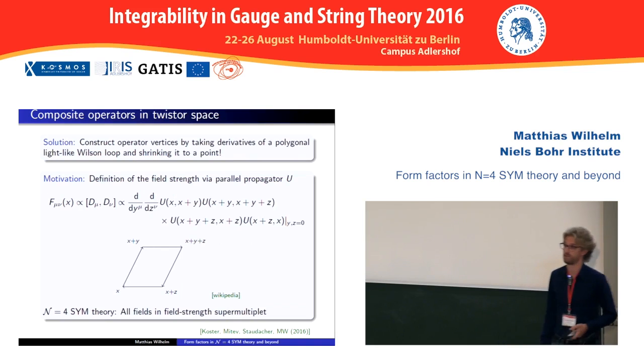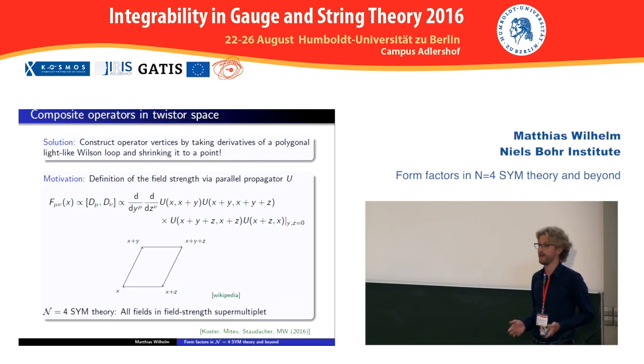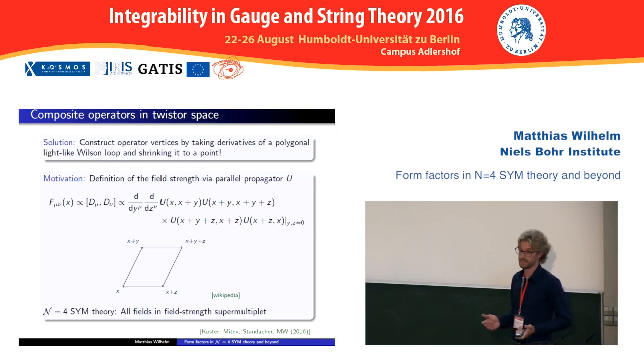Our solution to this problem is to construct the operator vertices by taking derivatives of a polygonal light-like super Wilson loop in twistor space and shrinking this to a point. The details of the construction are a bit technical, so let me tell you about the idea behind the construction instead. It is based on recalling that the field strength is the curvature of the gauge connection.